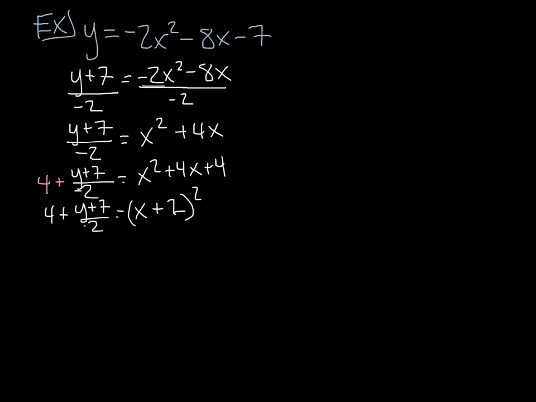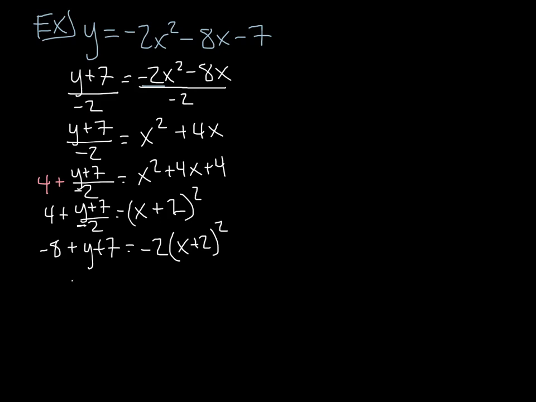That's important. Don't forget that. There's a -2 there, so I want to multiply everything by -2. If I multiply 4 by -2, I get -8. Now this gets multiplied by -2. They're going to cancel, so y plus 7. And I'm going to get a -2 over here, times (x plus 2) quantity squared.